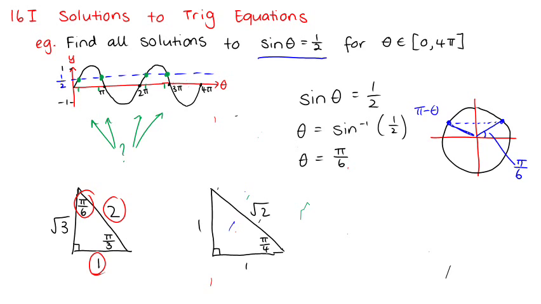So if it's pi minus theta and theta is pi on 6, what is the full value? 5 pi on 6. Yeah. Because we've also got pi minus theta, which equals pi minus pi on 6, which equals 6 pi on 6 minus pi on 6, which is 5 pi on 6. So that's another solution.